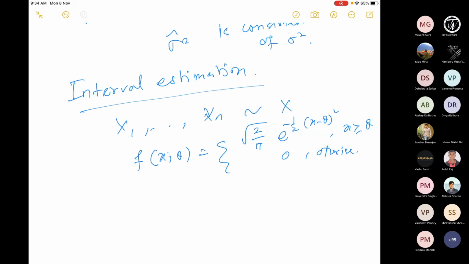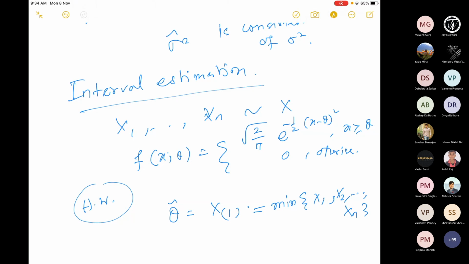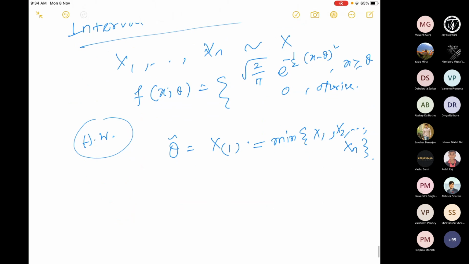You will see that theta hat is nothing but x(1), which is the minimum of x1, x2, ..., xn. For the sake of calculation, I'm giving it to you with this example. It is very simple to find this estimator value. It is just the minimum of all these.